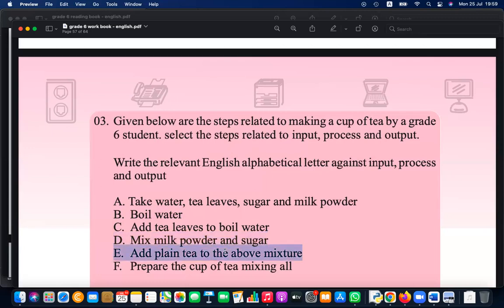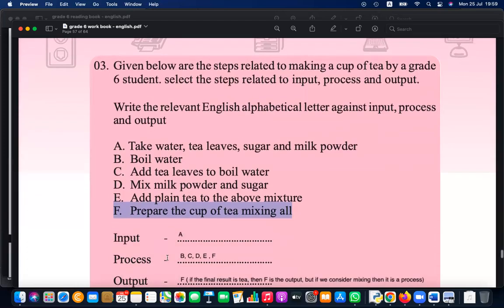Then add plain tea into the above mixture: process. Prepare the cup of tea, mix all: process. So A is input, and B, C, D, E, F are processes.